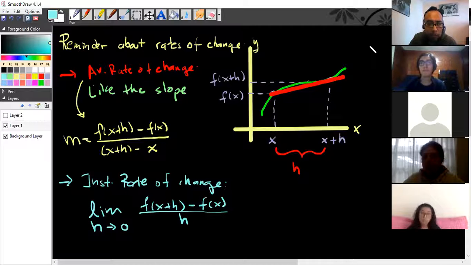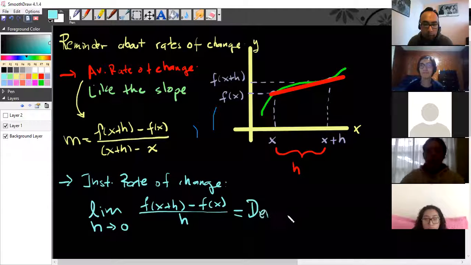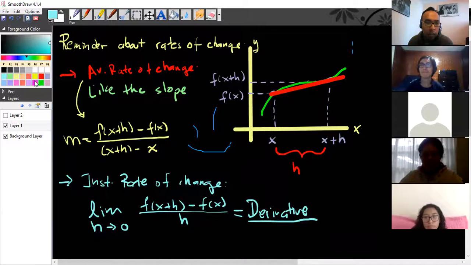Actually, you could write on top of this screen now. You can write a happy face, or you can write as you wish. It was called the derivative. Yes, you can write on top. Exactly.